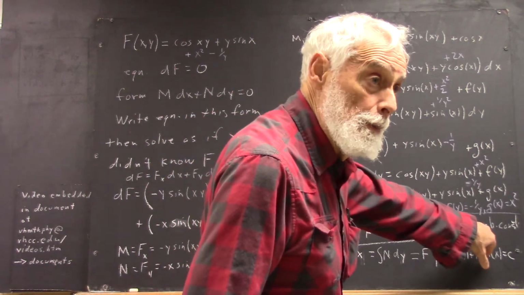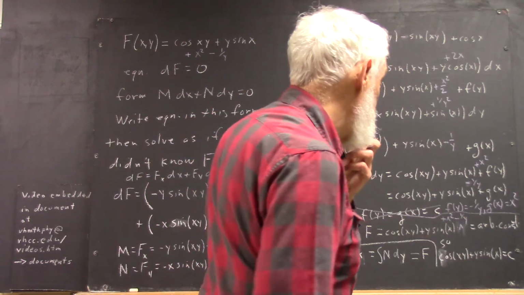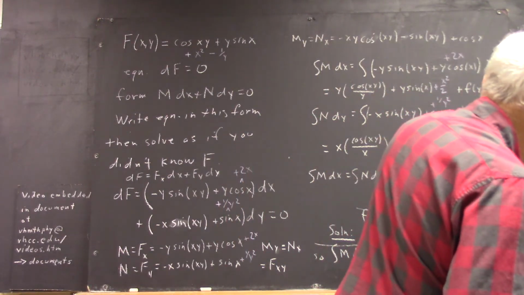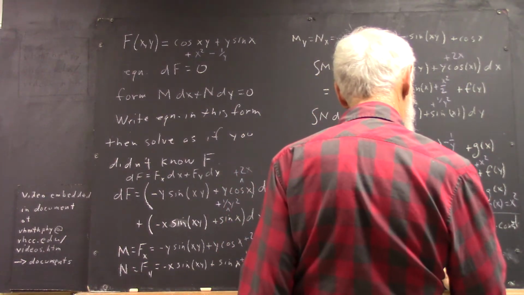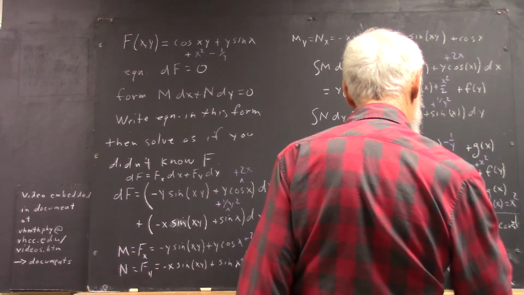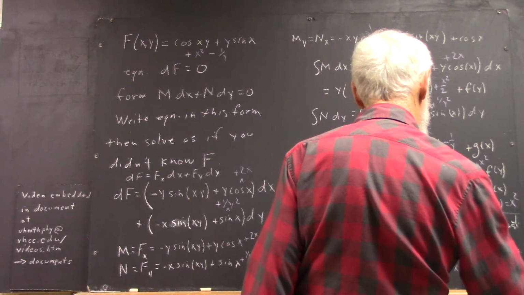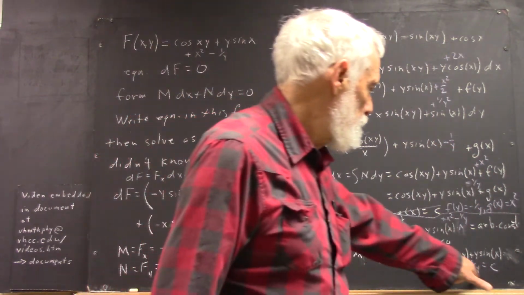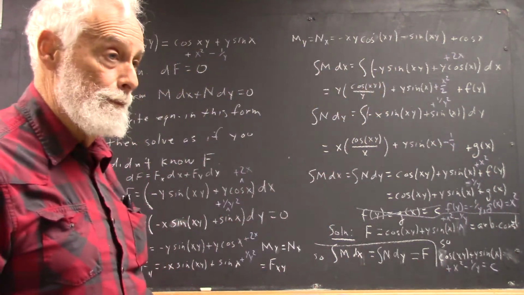And that would be an arbitrary constant, right? So now our solution is this plus the x squared minus 1 over y equals constant.